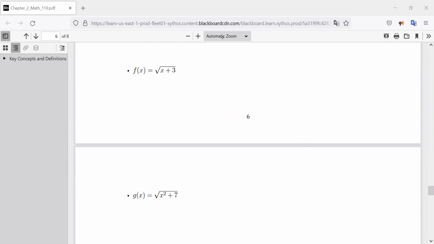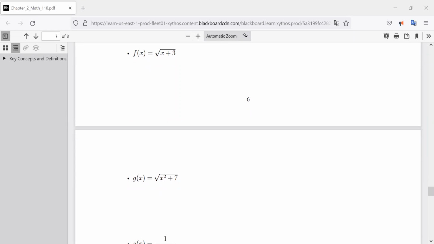For these next two, let's do domain and range. So what is going to be the domain for this? What was our rule for square roots?